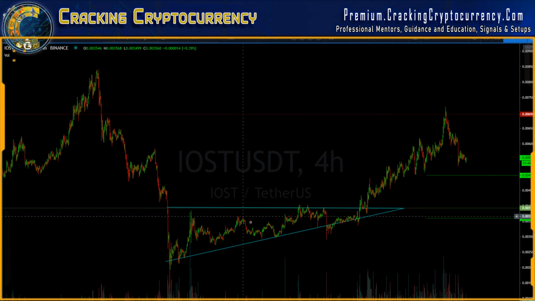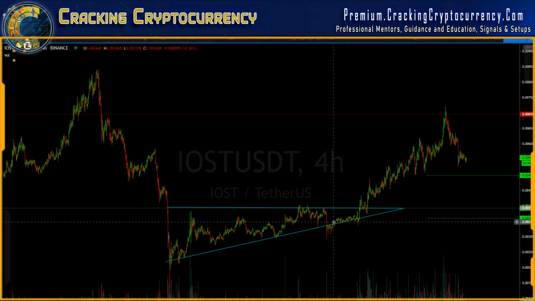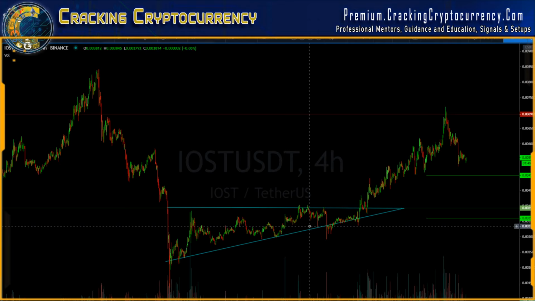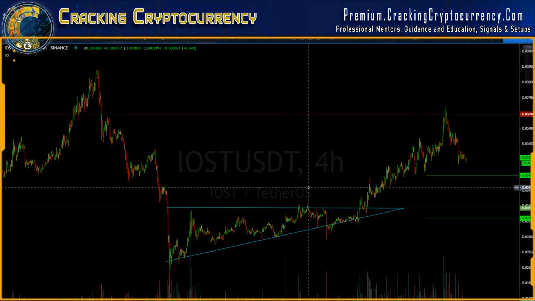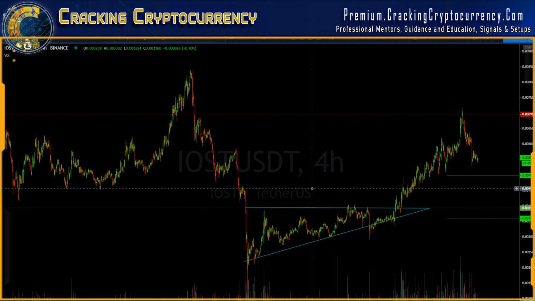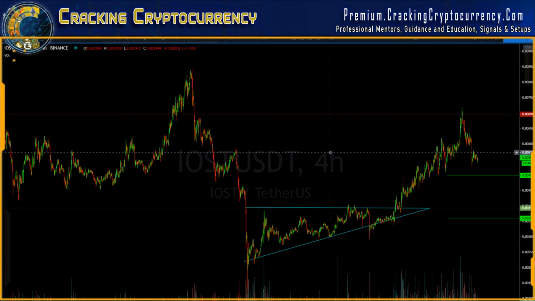So we can certainly say here that our IOST USDT formed an ascending triangle, kind of a textbook example, honestly, and broke out. This is not really an ascending triangle. This is more of a sloping bottom, personally, in my opinion, if I consult the Encyclopedia of Chart Patterns. Because I generally assume for ascending triangles that they are going to happen in an uptrend.